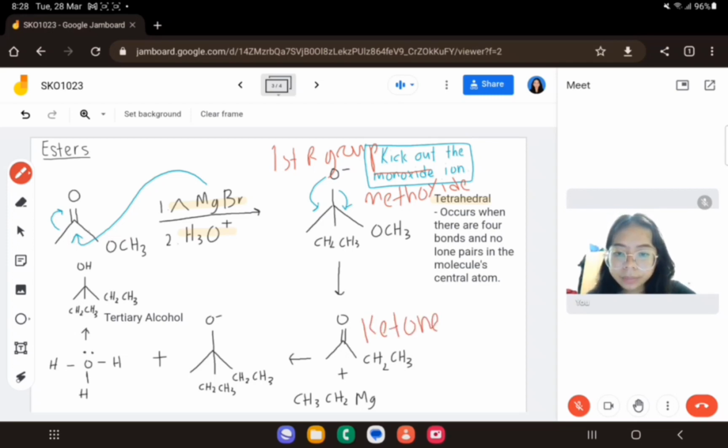For the next step, we will react with CH3CH2MgBr to form this product. And for the last step, we will react with H3O+. The hydrogen is taken from H3O+ to form a tertiary alcohol.